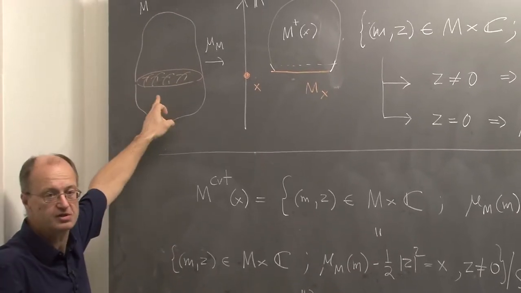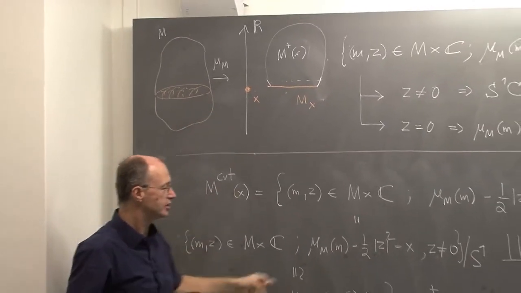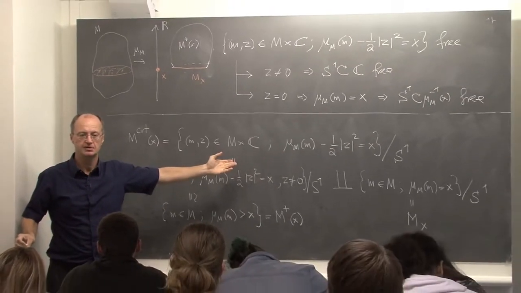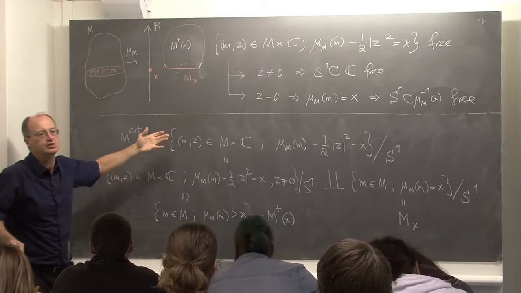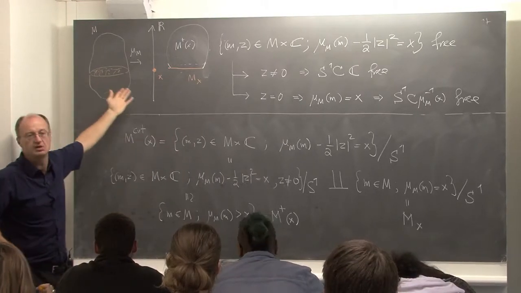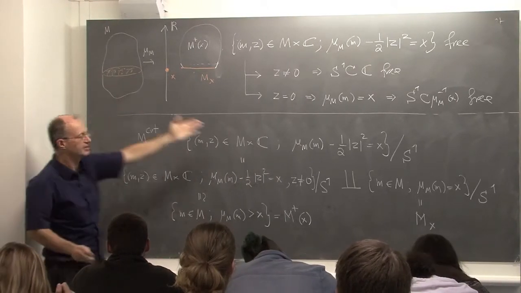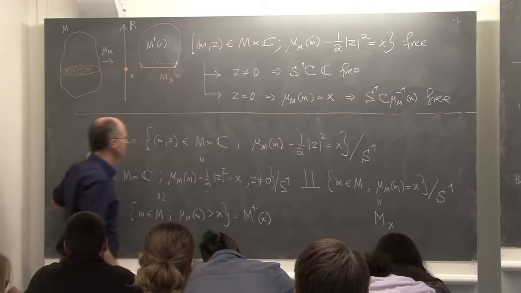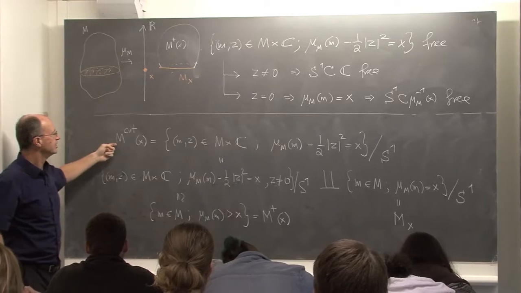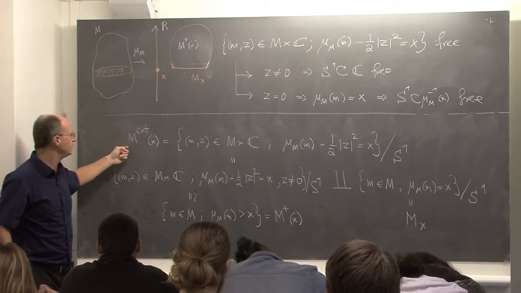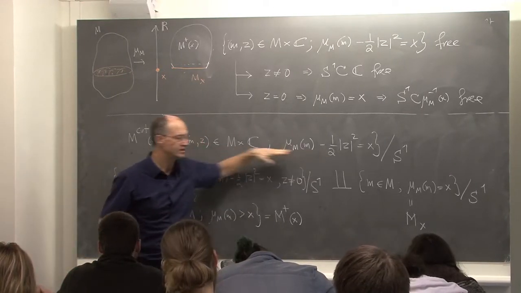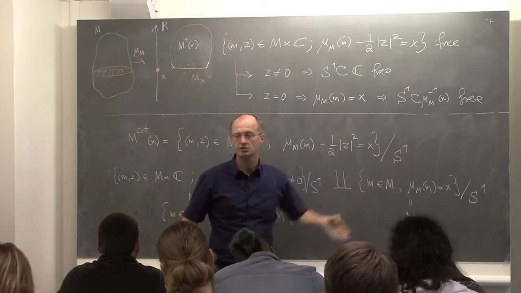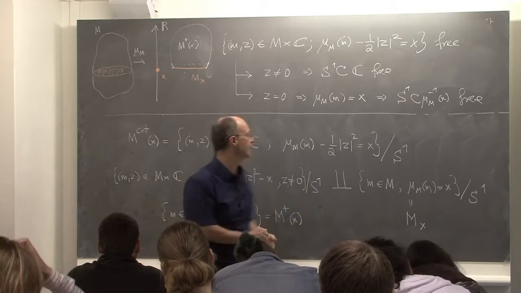What is not obvious from this picture is that this union is a smooth manifold, right? At least to me, it still doesn't sound entirely obvious, but the construction tells us: we take a level set for a regular value. So this is a submanifold. It has a free S1 action. So the quotient is a smooth manifold.